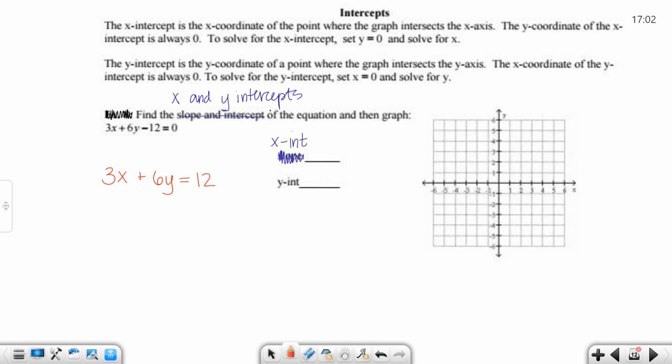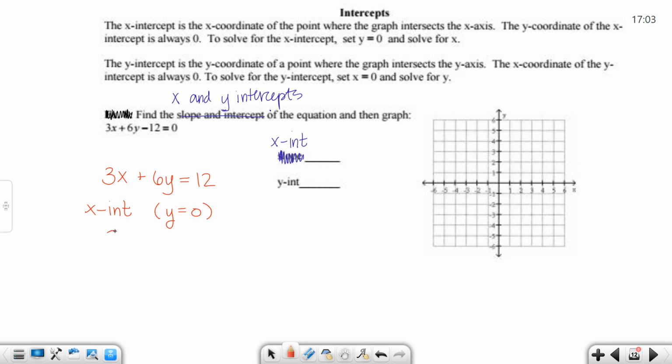Now the first thing I want you to notice is that when I'm using the intercept way, I move the constant to the other side. So I have my x's and y's on one side and the constant on the other. By definition at the top, to find the x-intercept, you let y be 0.